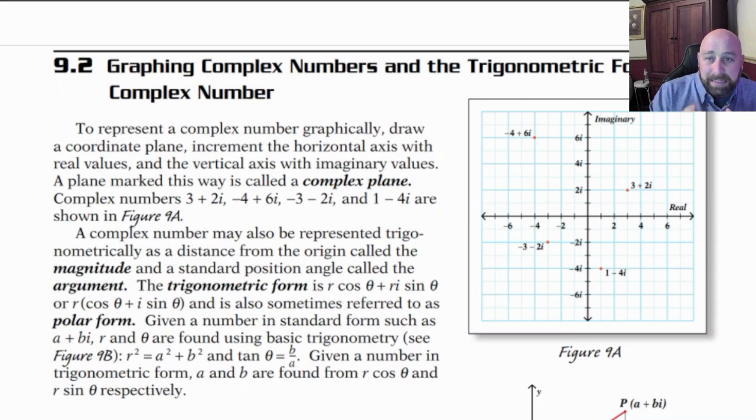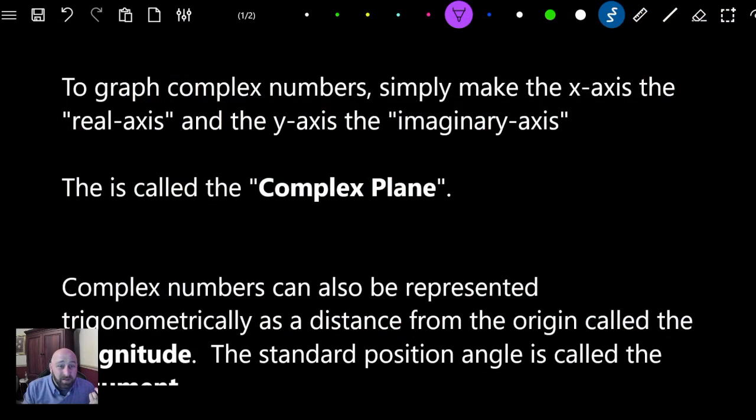The only thing that we really need to do to graph these is take the x-axis and convert that over to what we're going to call the real axis. And then we're going to convert the y-axis over to the imaginary axis. Really, to be honest, that's all we have to do to get started.